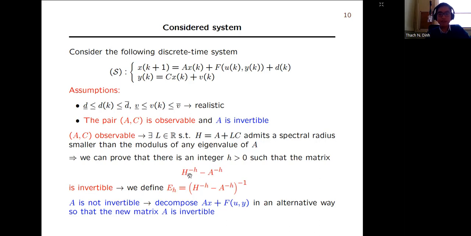And so we can define the inverse matrix as E_S, the inverse of S power minus S minus A power minus S. If A is not invertible, we can always find a way to decompose Ax plus f(u, y) in an alternative way, so that the new matrix A is invertible. So this assumption is not really a challenge.